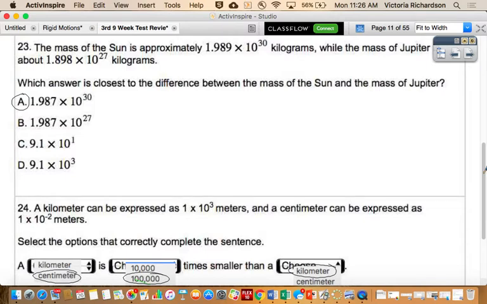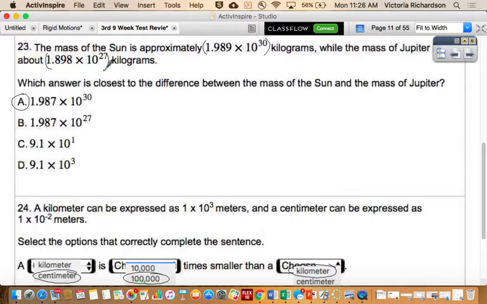We want to see how many Jupiters we can fit inside the sun, so we divide the big one by the smaller one. Remember, use your calculator, second DRG, make sure it's in scientific mode, and use parentheses when you put these in. When you put this in the calculator, you get the answer A, which is 1.987.